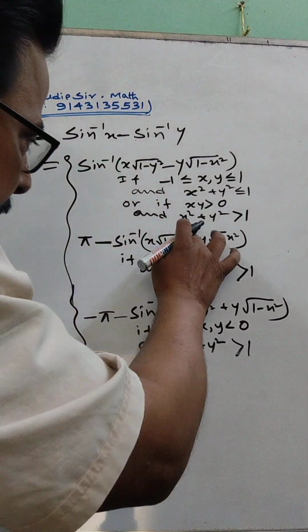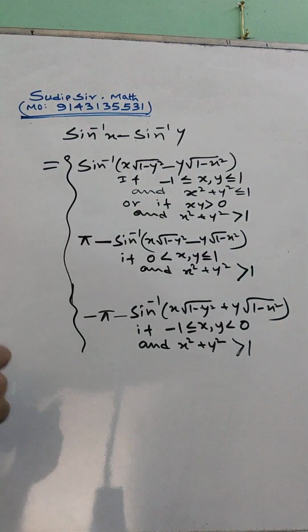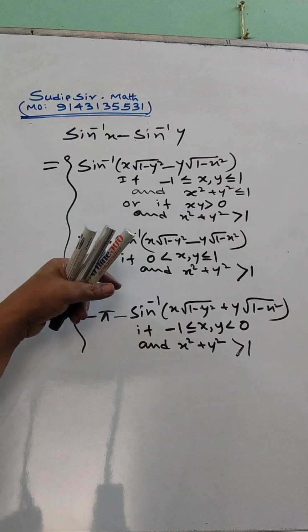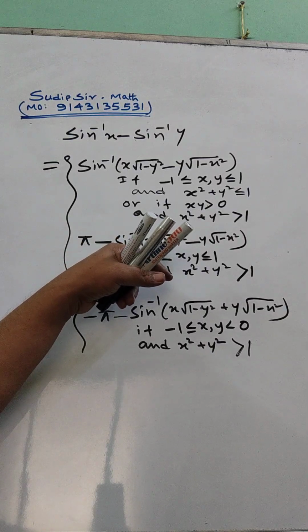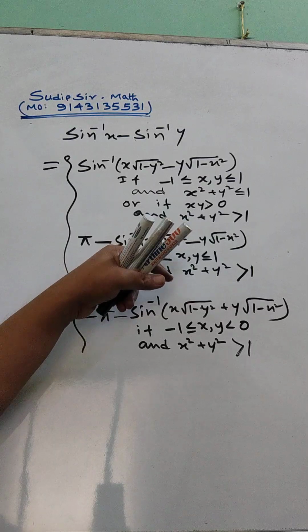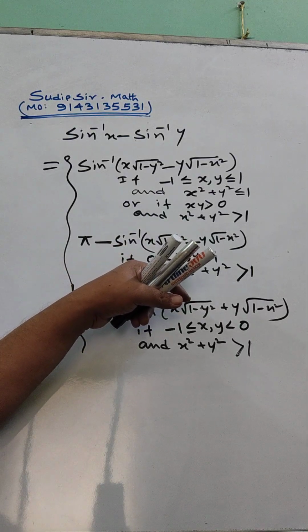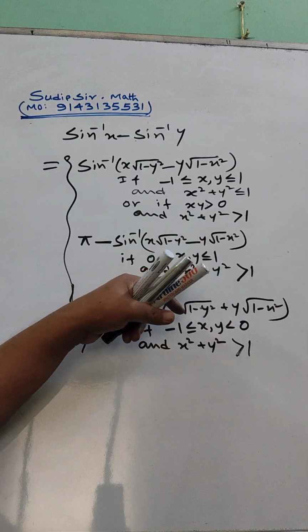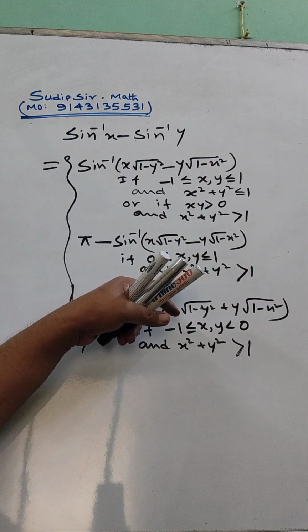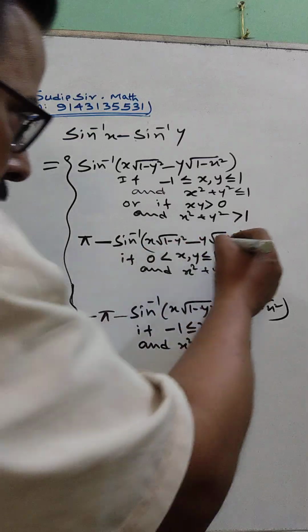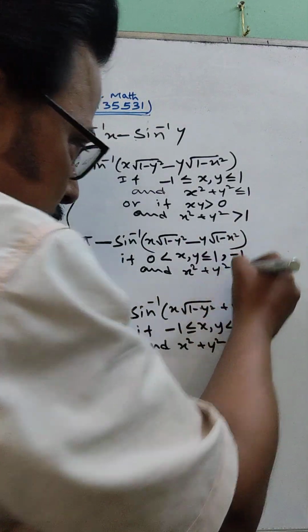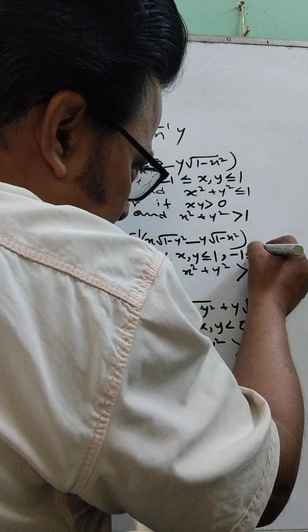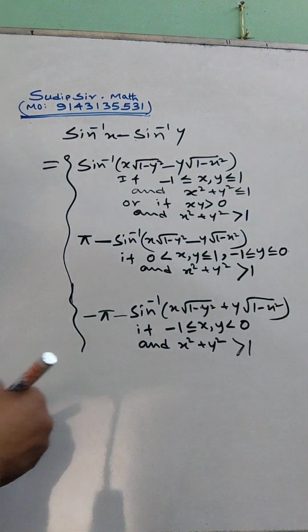And again also, π minus sin⁻¹(x√(1 − y²) − y√(1 − x²)) if 0 < x < 1 and −1 ≤ y ≤ 0.